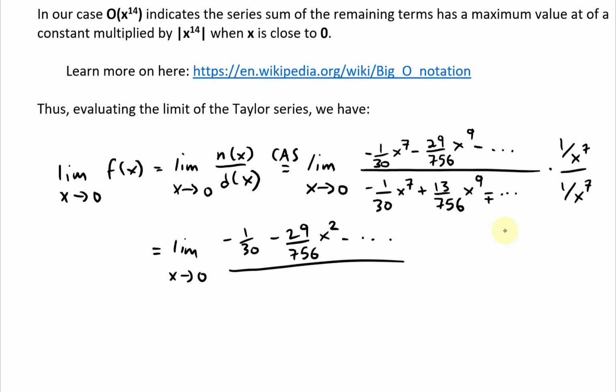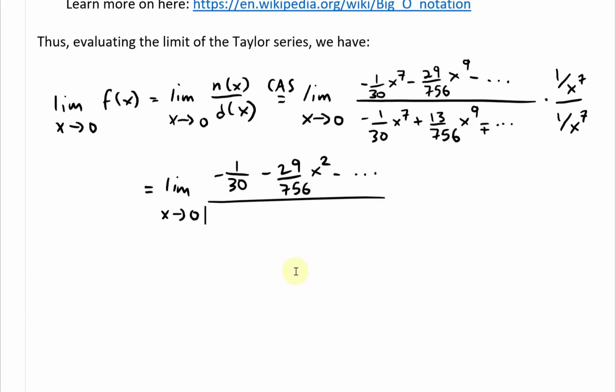Divide this by, and then the denominator, this one's also going to cancel the x to the 7. So 1 over 30, and then plus 13 over 756 x squared, then minus plus the next one, plus dot dot dot.